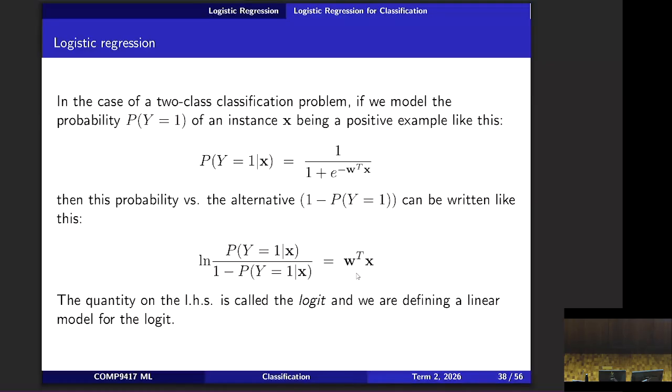So what we're doing here is defining a linear model for the logit. Obviously, a large language model is an incredibly complicated model, but the probabilistic form is the same.